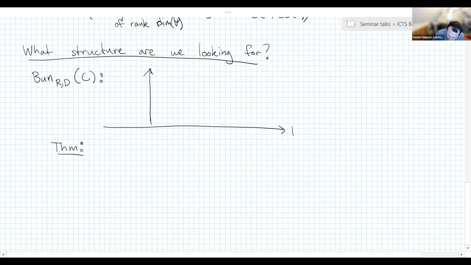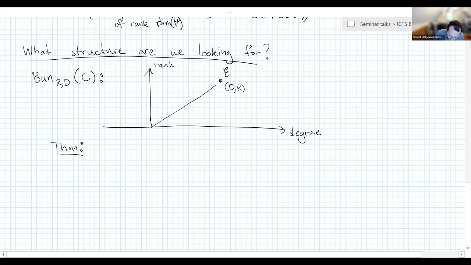So I can plot the degree on this axis and the rank on this axis. If I have a locally free sheaf on the curve, its topological type is a point in this two-dimensional space.